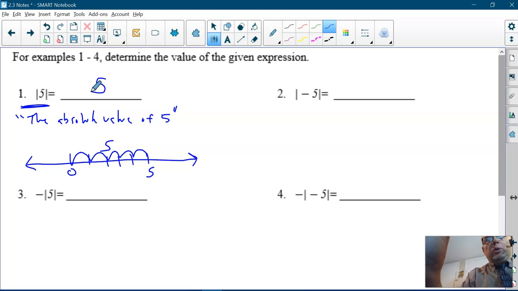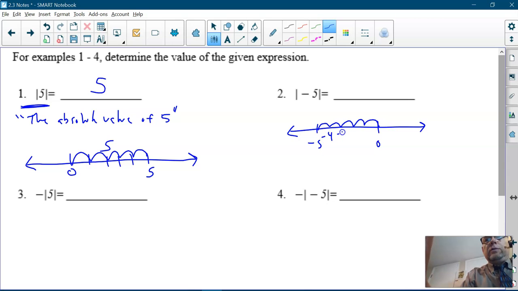So for number 2, what is the absolute value of -5? Well, I'm going to draw a number line. I'm going to put 0 and -5 on the number line, and I'm going to figure out how far away from 0 is -5. And that's going to be my answer. 1, 2, 3, 4, 5.